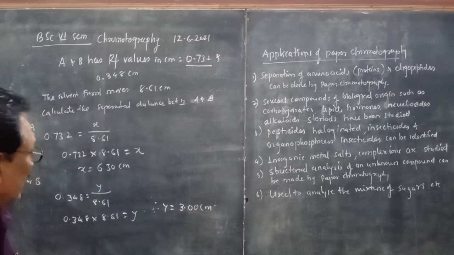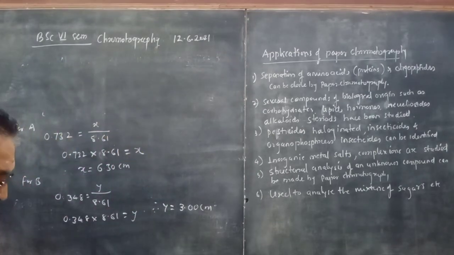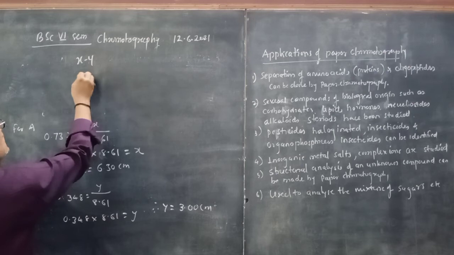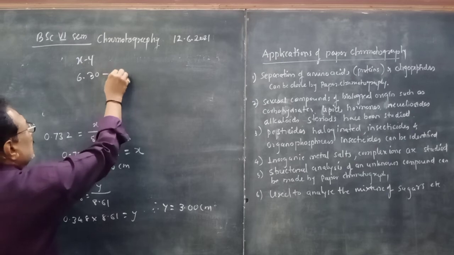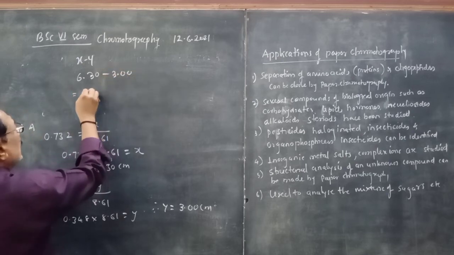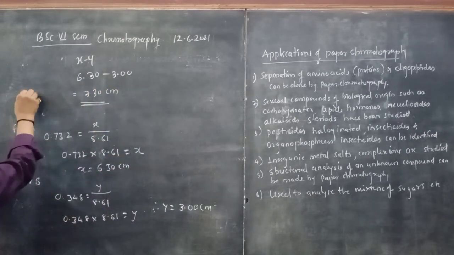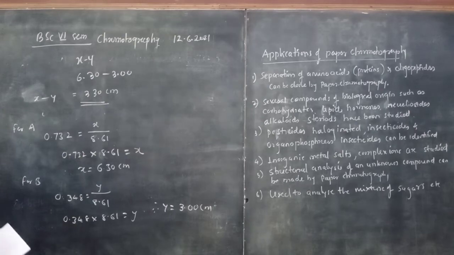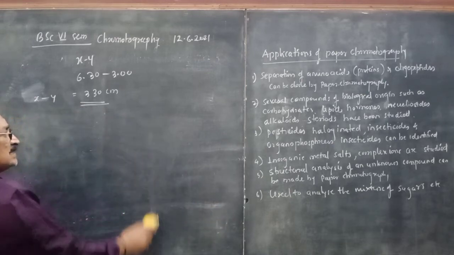If X and Y are known, then the distance between A and B is X minus Y, that is 6.30 minus 3.0, and we get 3.30 centimeters as the distance between A and B. Like that, you go for the calculation of the RF value as well as the distance between them.